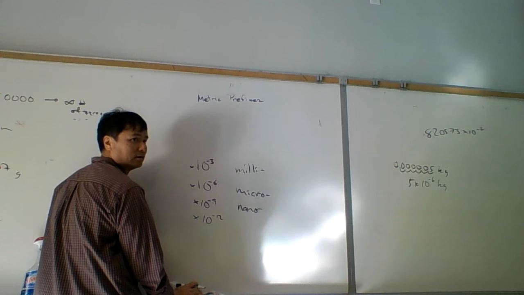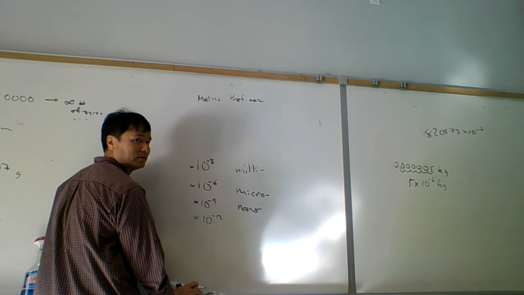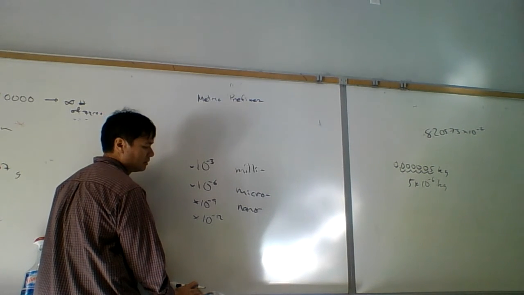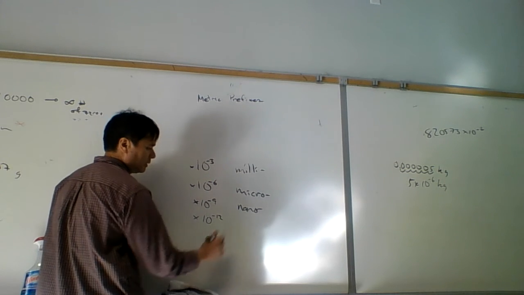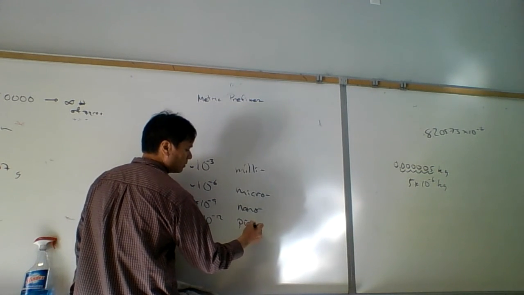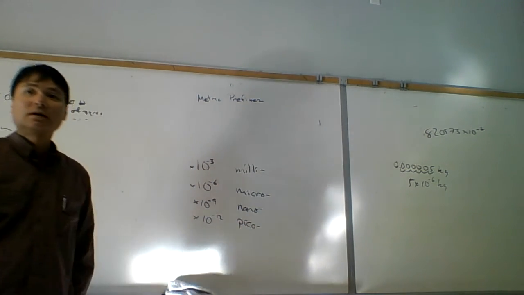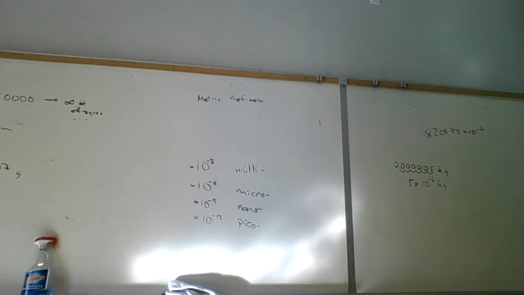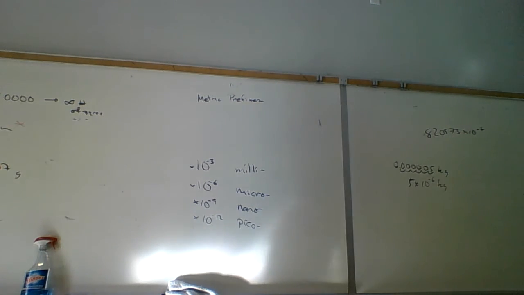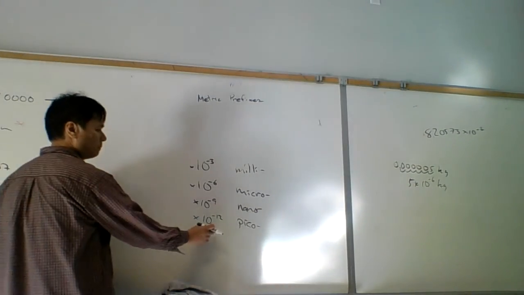No, not femto. 10 to the minus 15 is femto. Well, I'm not going to talk about femto. Pico. Pico is really important because pico is about the size of an atom. An atom is about 100 picometers to several hundred picometers diameter. Right? And so picometer is important.